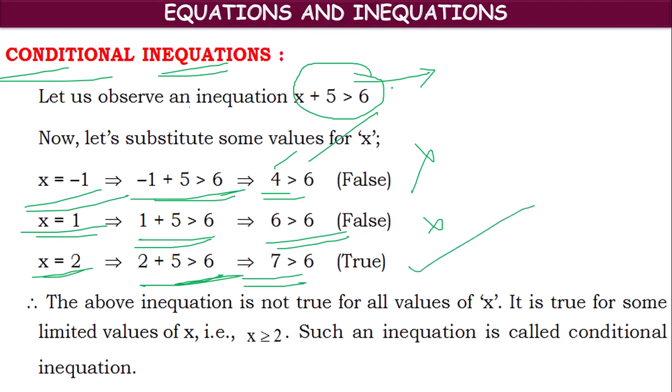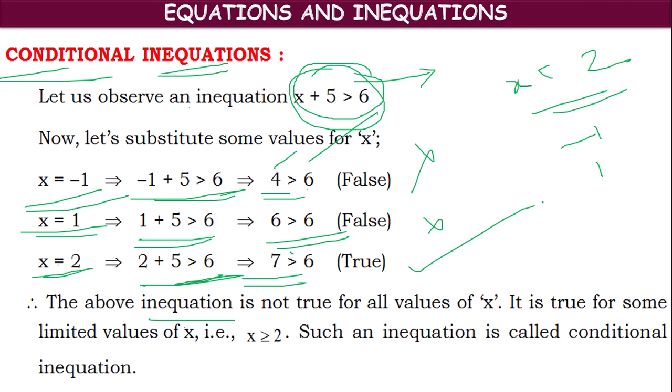Means the inequation which we have taken, for some values of variable it is true, and for some values of variable it is not true. Means for values x less than 2, like minus 1, 1, it is not true.